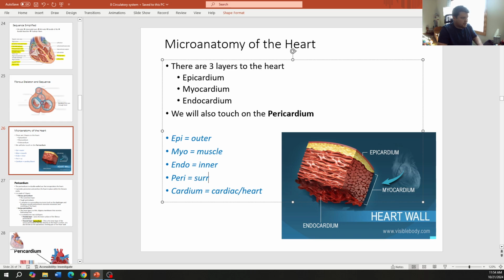Peri is surrounding. Most often it's used in the context of surrounding fascicles. When we talk about muscle tissue and nerve tissue, the bundles of the fibers are called fascicles. But peri really is just around. It means an around layer.